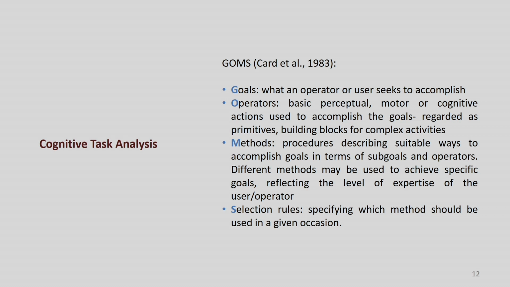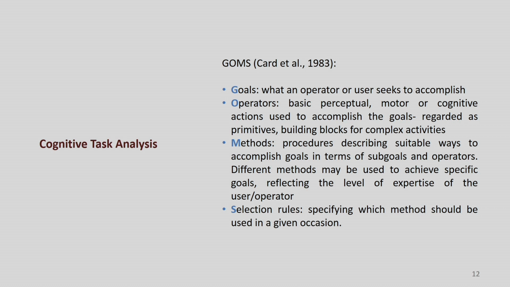Operators are basic perceptual, motor or cognitive actions used to accomplish the goals, regarded as primitive building blocks for complex activities. Then there are methods: procedures describing suitable ways to accomplish a goal in terms of sub-goals and operators. Okay, so going to the branches, different methods may be used to achieve specific goals, reflecting the level of expertise of the users and operators.